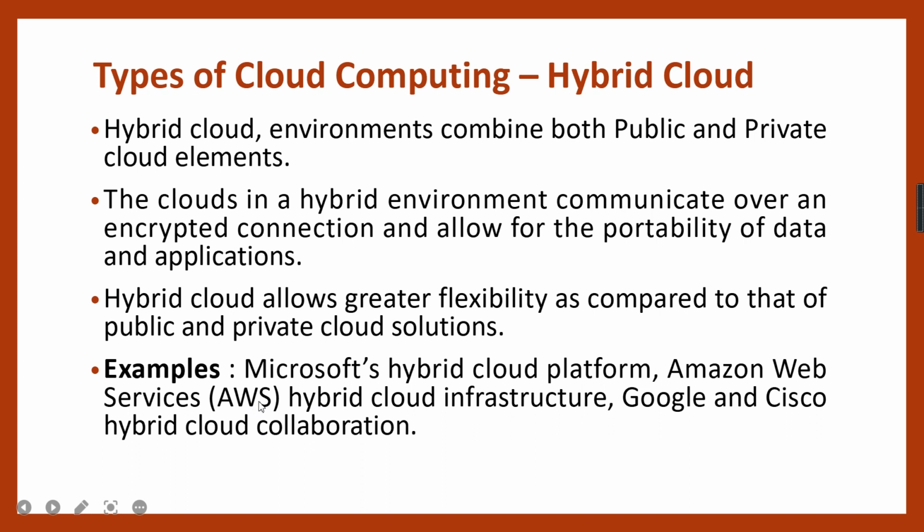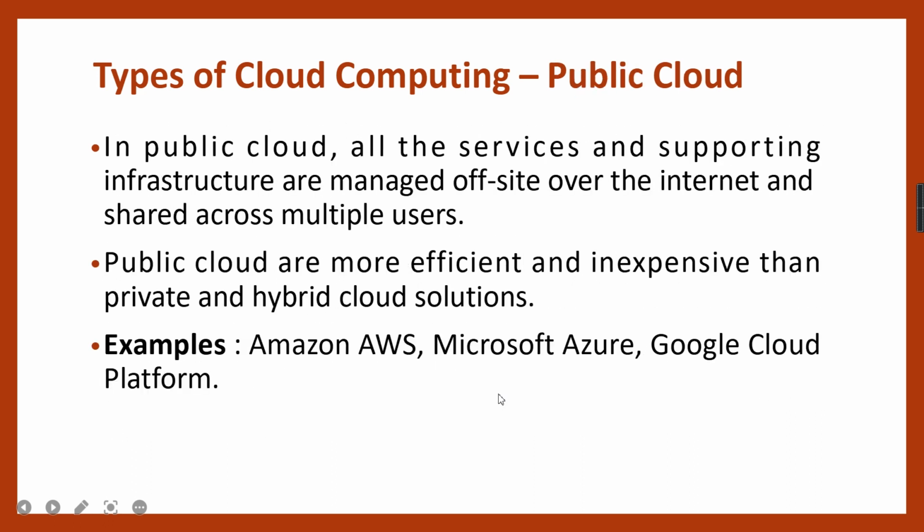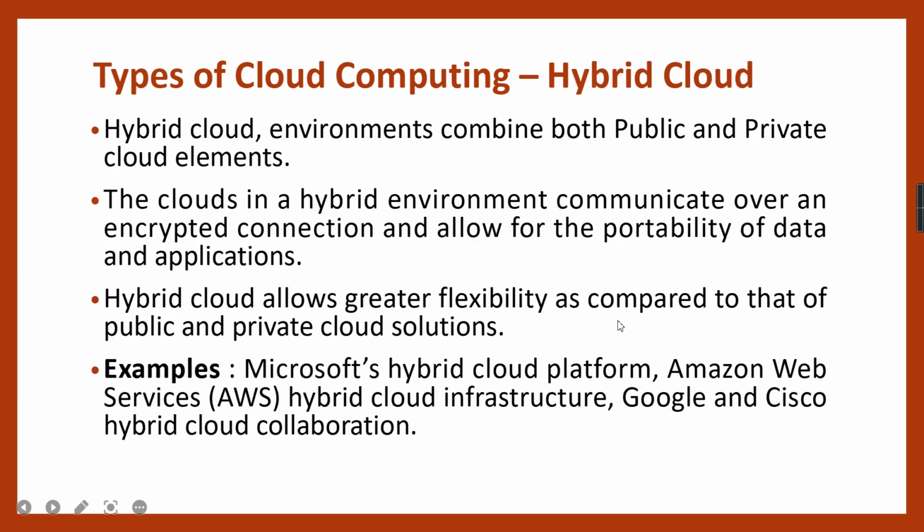Now you saw Microsoft, Amazon, Google as examples in public, right? So they offer services of public as well as hybrid. A little modification in their services, which offers encrypted services, made it hybrid.